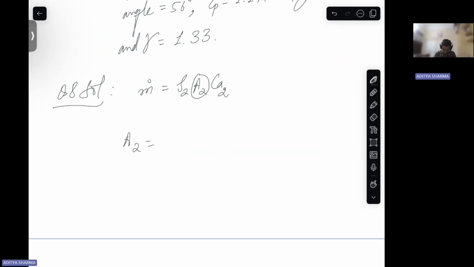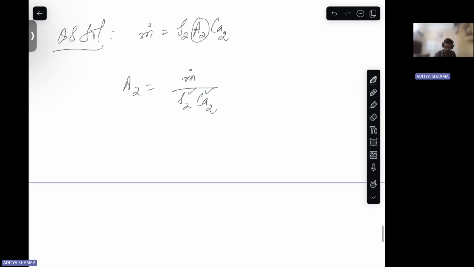A2 is equal to mass flow rate by rho2 CA2. Now we need to calculate CA2 and rho2. So that we shall see gradually.